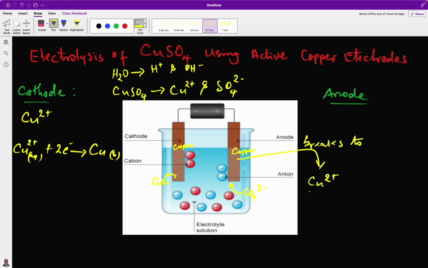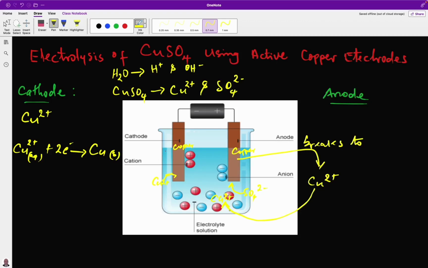This copper ion now comes into the solution again.